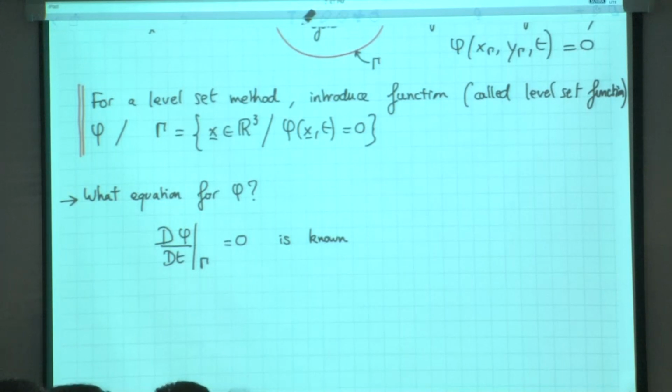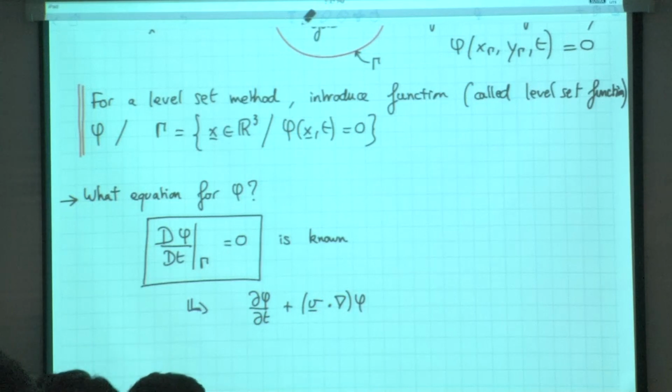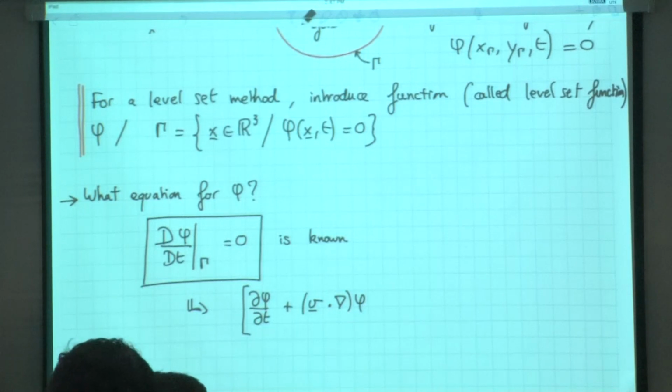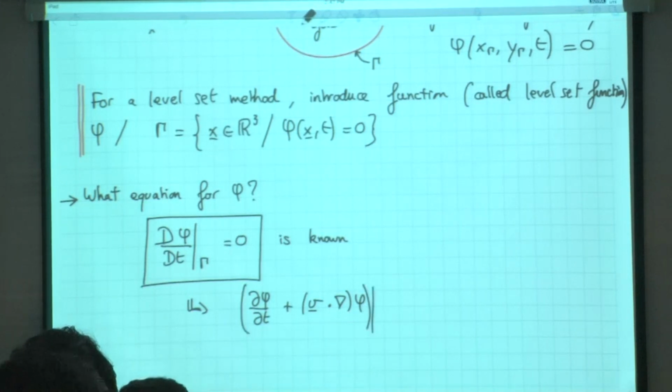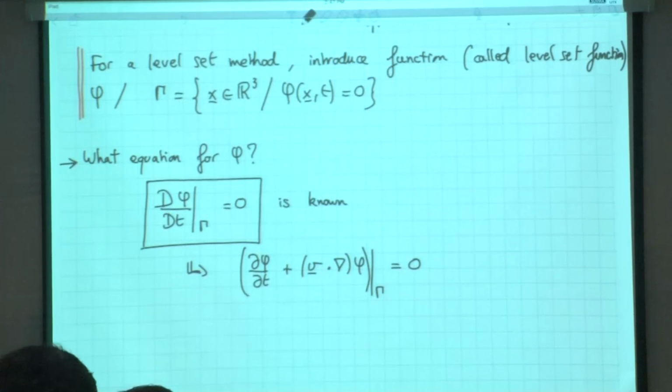So as a result, this is my equation for my interface, which means that I need to solve d phi dt plus, if I stick to my v velocity, v dot grad phi, all this taken at the interface is equal to 0. This is my correct equation.